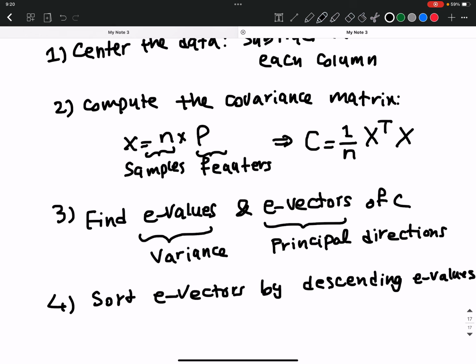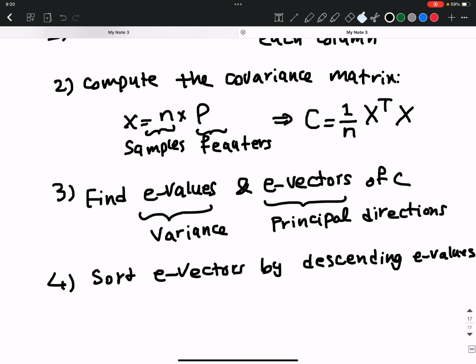So what does this mean? This means that we sort based on the higher e-value to lower e-value, and then we sort the e-vectors for that, because the higher e-values means we capture higher variance in the data, okay?